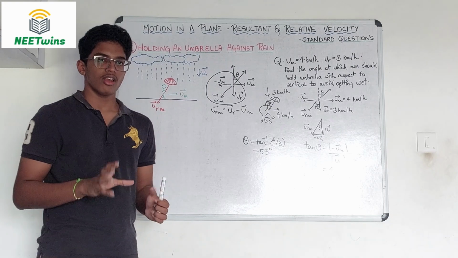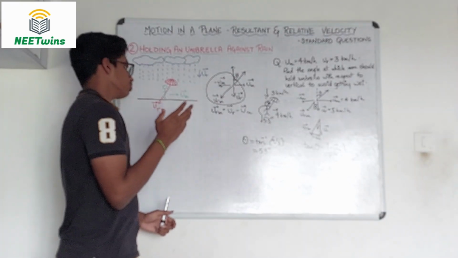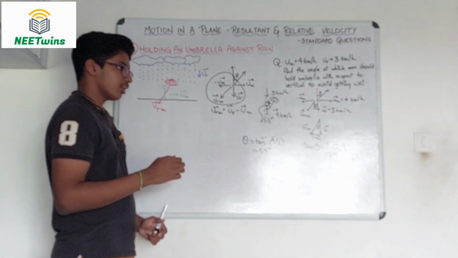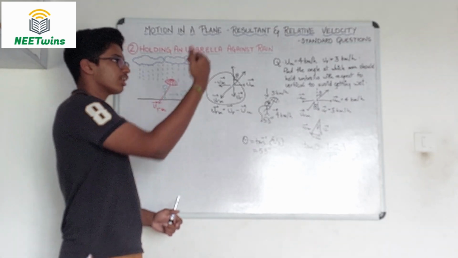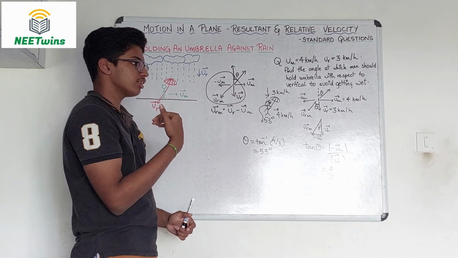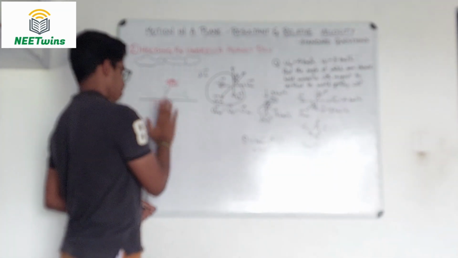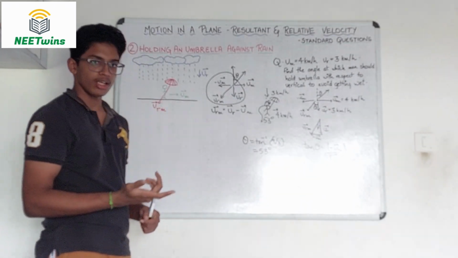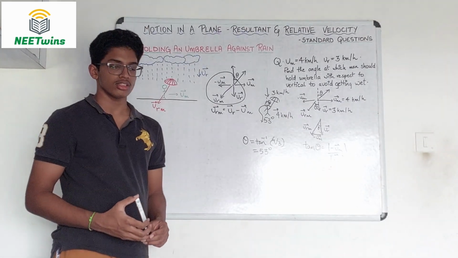We added the velocity of the swimmer and the velocity of water, but in this case, what we have to do is to find the relative velocity of rain with respect to the man, so that it feels like the man is stationary and it's just rain falling at him in that direction. So it just becomes easier than analyzing in the ground frame where both the man and the rain are moving. This is basically how we solve relative velocity questions.